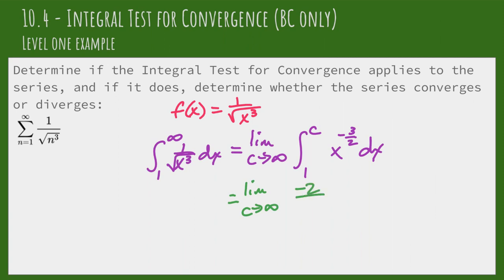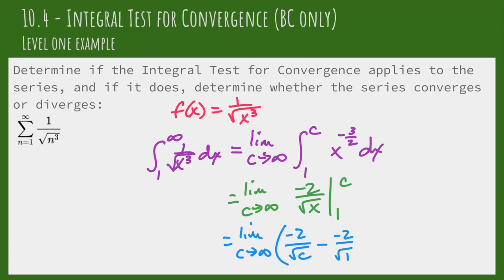So we get negative 2 over the square root of x, evaluated from 1 to c, which is going to be negative 2 over the square root of c minus negative 2 over the square root of 1. So as c approaches infinity, the denominator here is getting really big, and so we're going to get 0 for that first term, and then plus 2 for the second term.